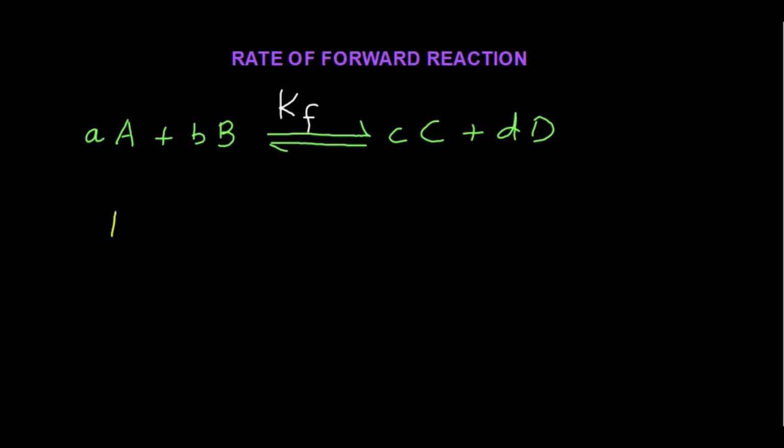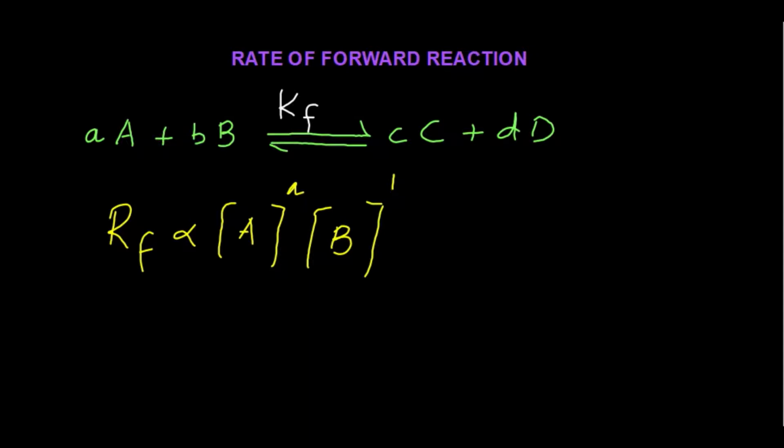So we will write the rate of reaction for the forward reaction. Rf is directly proportional to [A] raised to the power a, the coefficient of the balanced equation, times [B] raised to the power b.